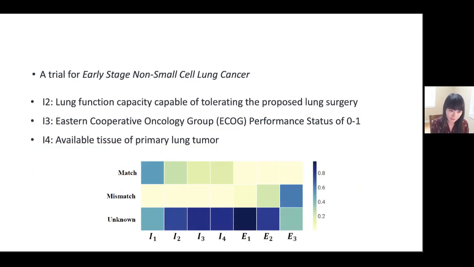We also found some trials difficult to find matching patients. For example, here is a failure case. For this early stage non-small cell lung cancer trial, all models achieve lower than 50% accuracy score, including ours. We selected some ECs in this trial to explore why.